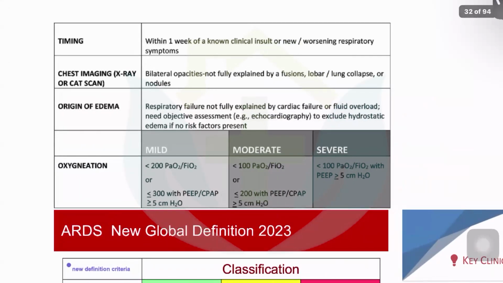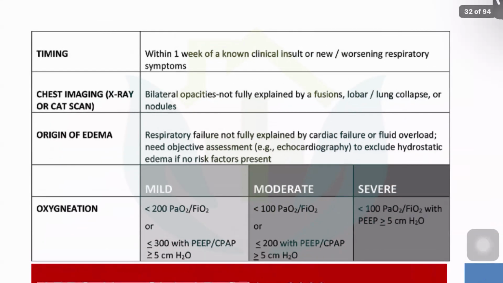Earlier, the definition was the Berlin definition, where we realized that ARDS was expected whenever a patient presented with symptoms since 1 week with worsening symptoms. Chest imaging shows bilateral opacities not fully explained by effusions, lobar, lung collapse, or nodules. Origin of edema was specifically not due to cardiac failure or fluid overload.